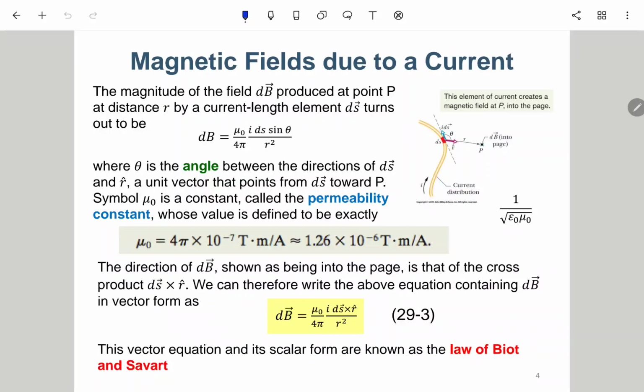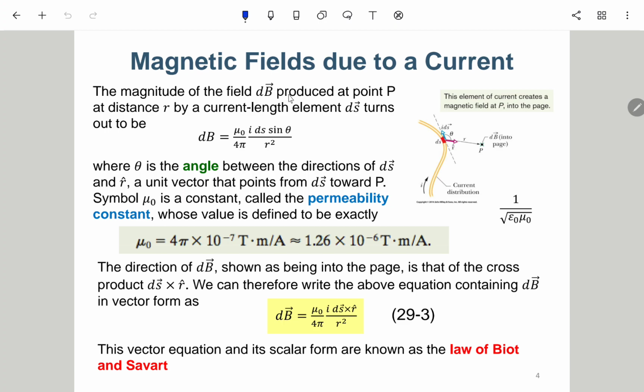Okay, so here we introduce how to calculate the B field due to a current. So we just jump into a complicated formula, something like this. It says the magnitude of the field dB.